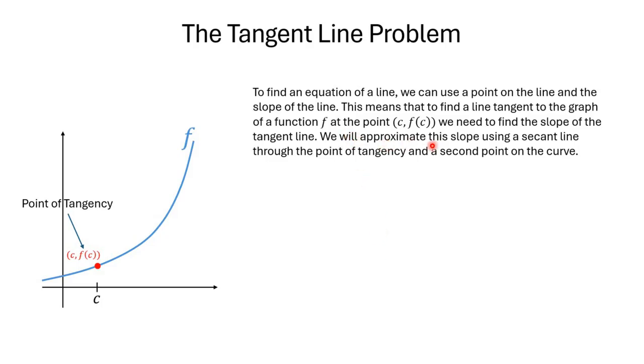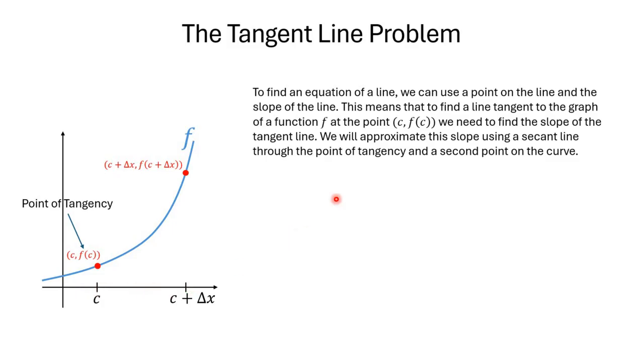We will approximate this slope using a secant line through the point of tangency and a second point on the curve. That second point on the curve is a distance of delta x away from that first x value of c. So the second x value is c plus delta x, which is the distance from c to the second point's x value.